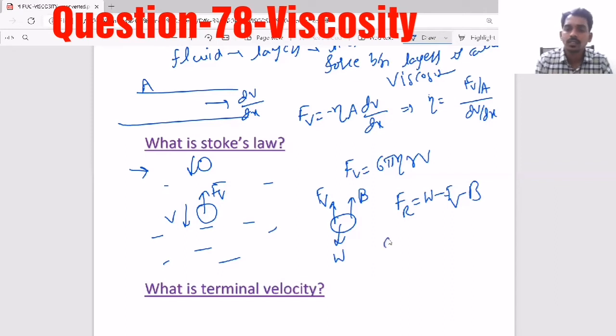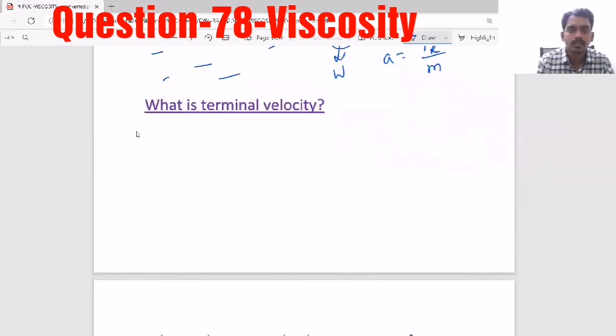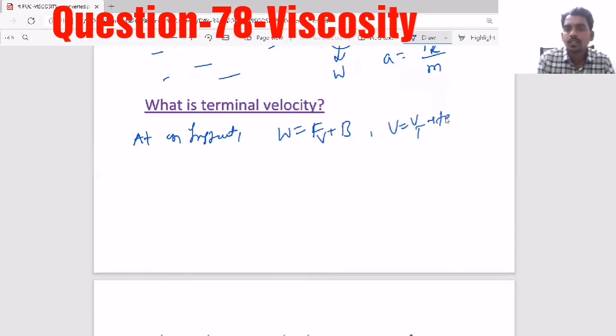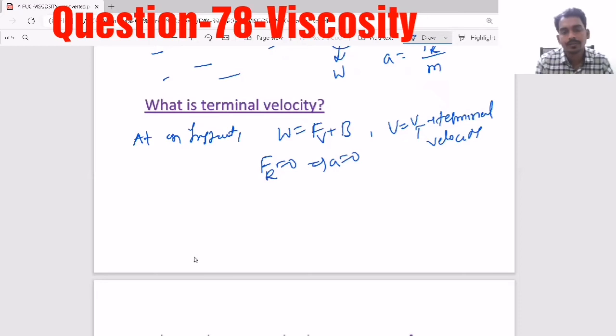So the acceleration keeps on changing. Now at an instant, when the weight is exactly equal to Fv plus B at a velocity, that is called terminal velocity. Terminal velocity means at that point, the resultant force will become zero, so the acceleration will become zero.